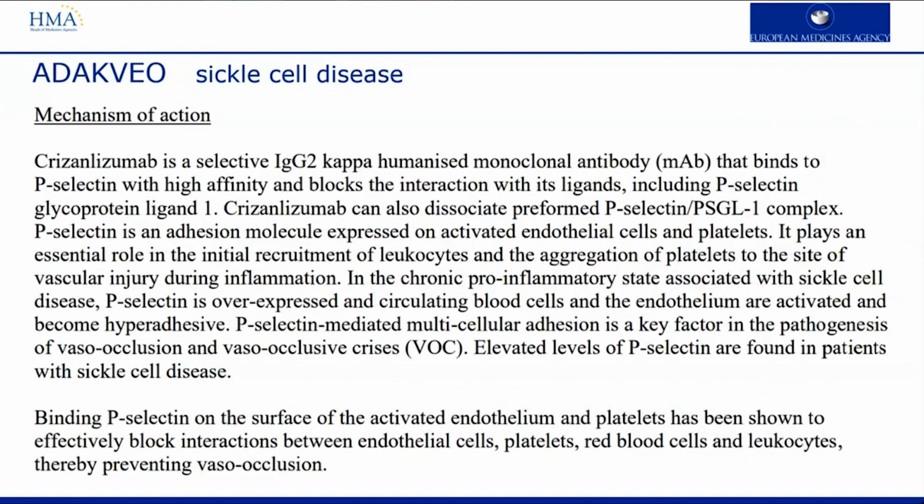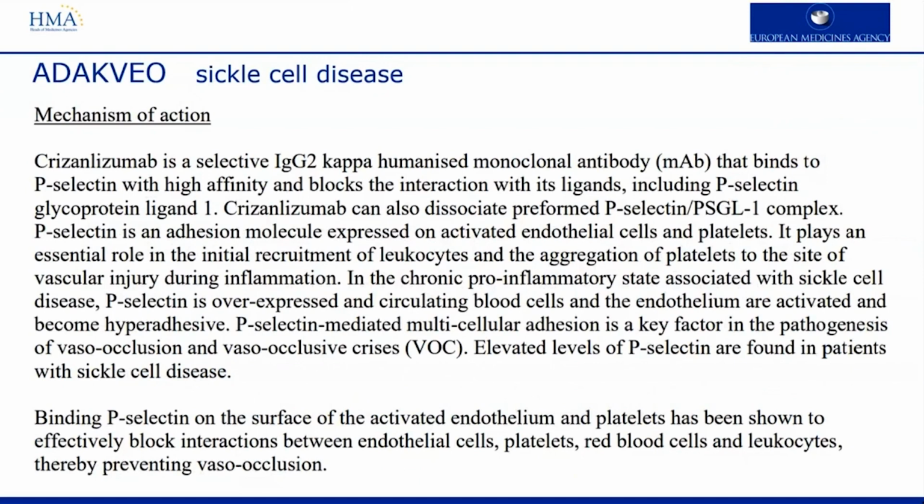So Adakveo contains crizanlizumab, a selective IgG2 kappa humanized monoclonal antibody that binds with high affinity to p-selectin and blocks the interaction with its ligands, including p-selectin glycoprotein ligand 1. It is indicated for the prevention of recurrent vaso-occlusive crisis, the VOCs that you'll see across the slides, in sickle cell disease patients aged 16 years and older.